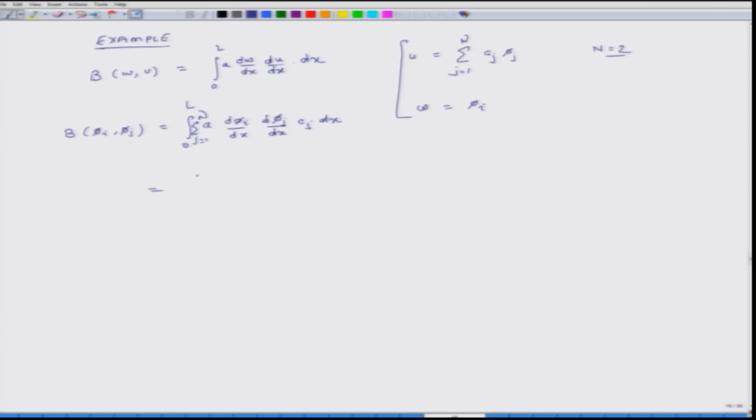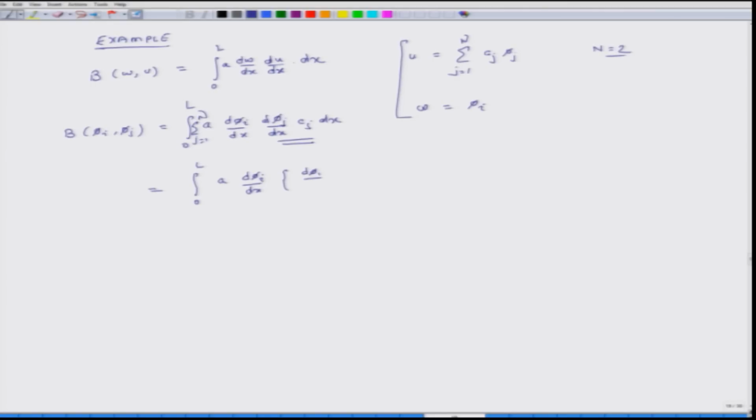So this is the integral of 0 to L of a times d phi I over dx, summed on the index j. Phi could be 1 and 2, it can have only 2 values because n is equal to 2.